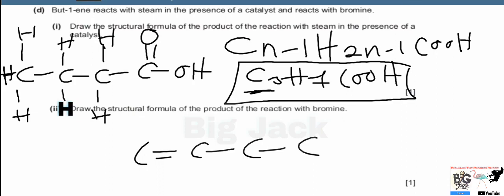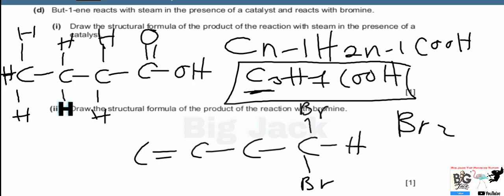If you remember, I said that bromine exists as a diatomic molecule. So meaning here where we have hydrogen, we are going to have bromine, and even here we are going to have bromine.